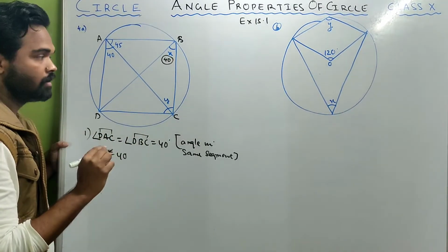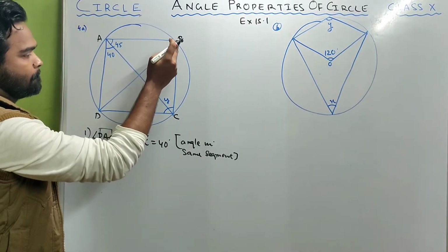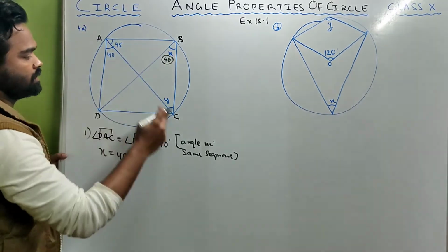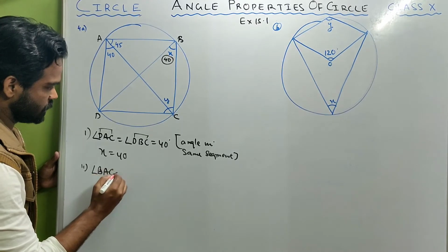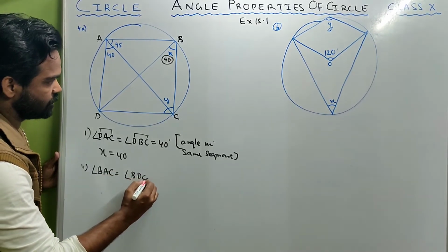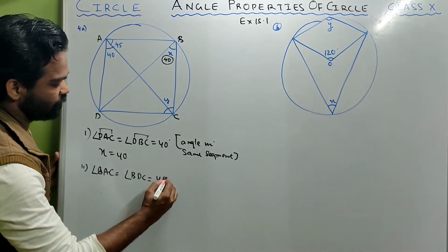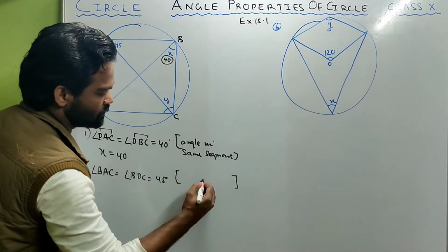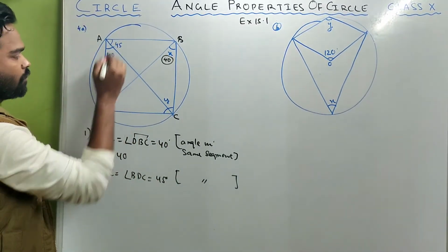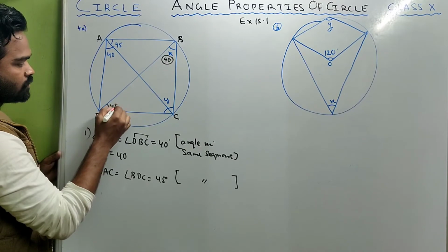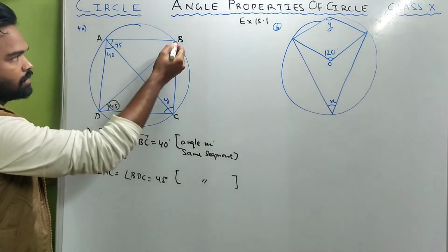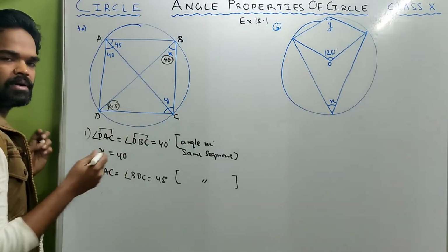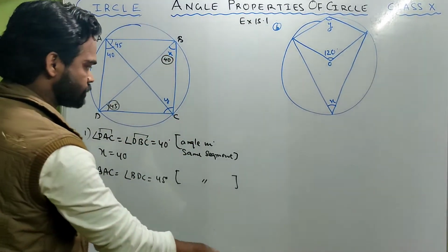Done. Now look carefully. Angle BAC will be equal to angle BDC, equal to 45 degree. Angle in same segment. See, if this is 45, this has to be 45. No doubt. BAC, BDC, same segment, isn't it?